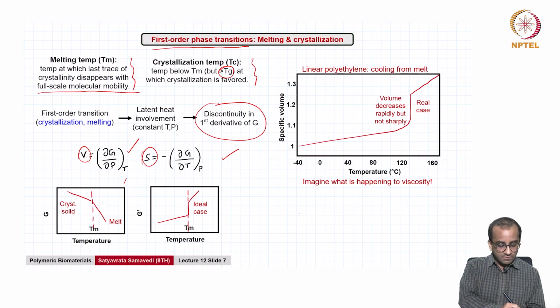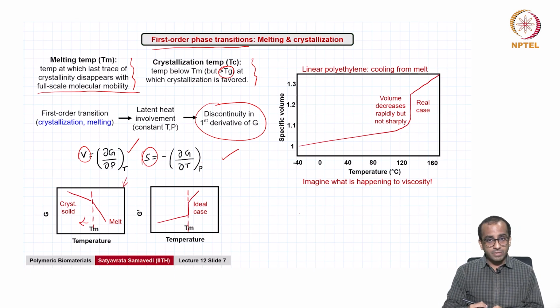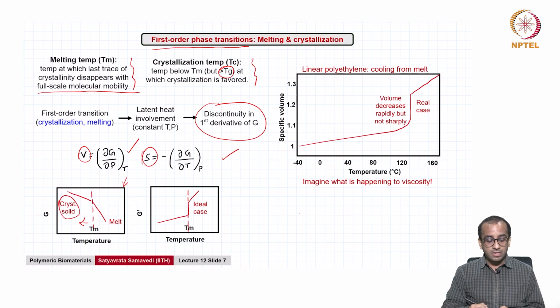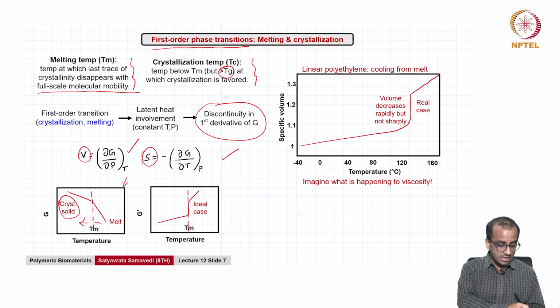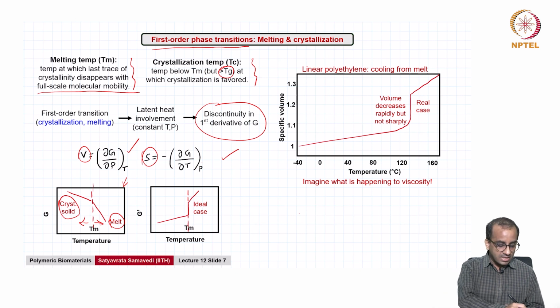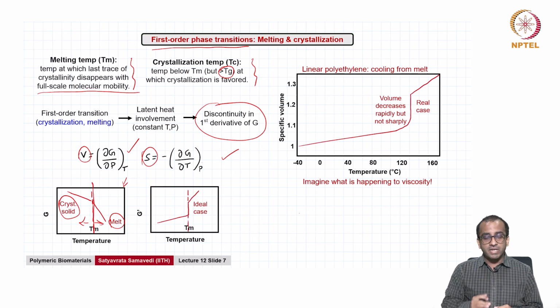So on the left side plot, you see that below the melting temperature, the change in Gibbs free energy favors the crystalline solid state, and above the melting temperature, the change in Gibbs free energy favors the melt. And needless to add, at the melting temperature, these two phases exist in equilibrium, or in other words, the chemical potentials of the two phases are equal.